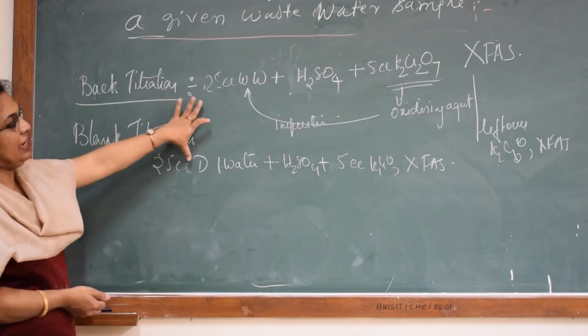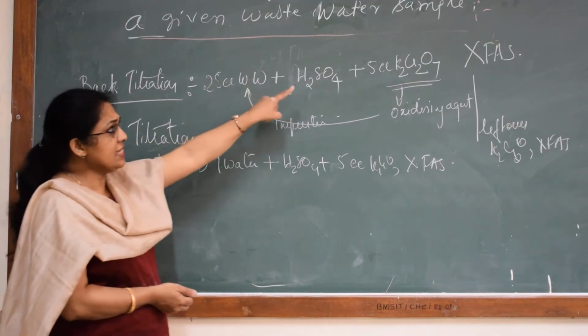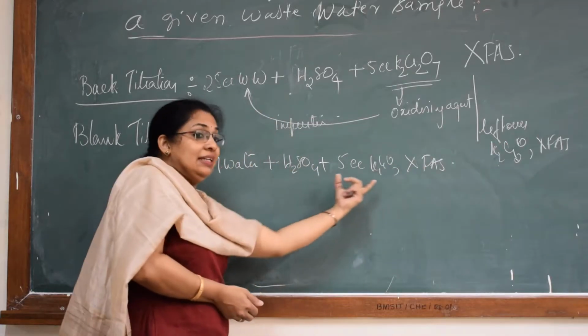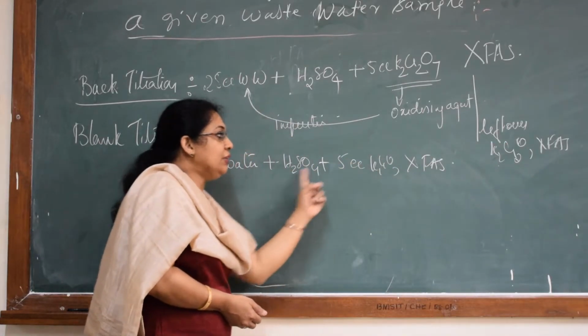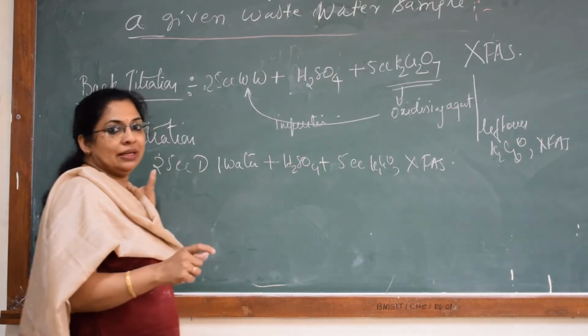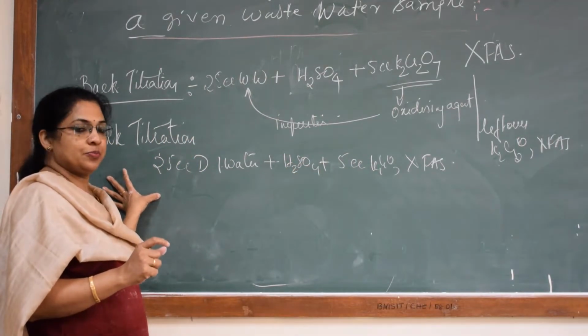So what's the main difference here? In the first case, the leftover dichromate reacts with FAS, but in this case, the entire dichromate, because dichromate is not reacting with waste, there is no waste material over here. So the entire 5 cc dichromate will combine with your FAS. Clear?